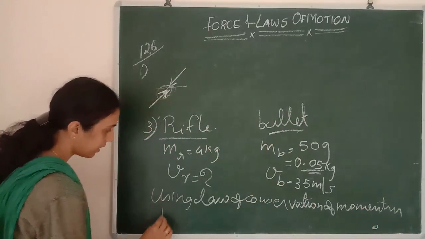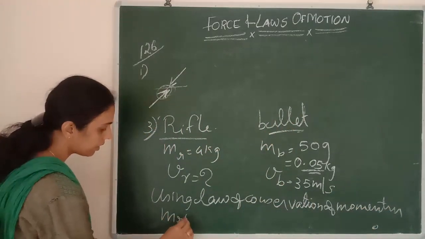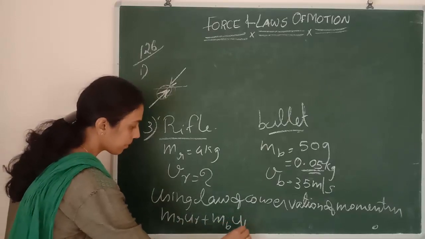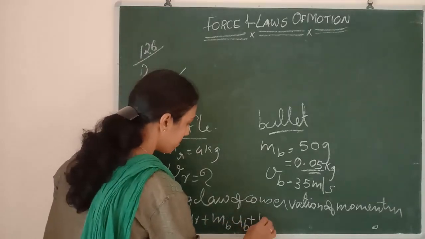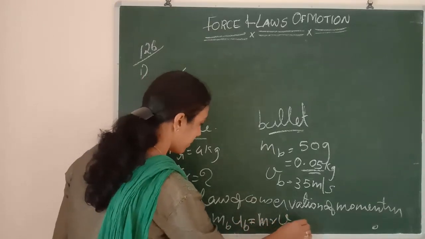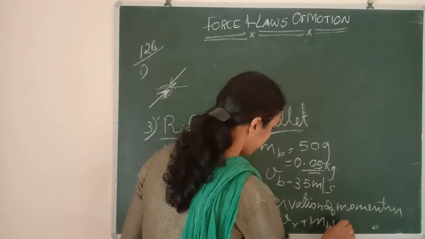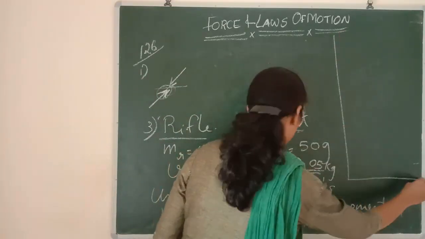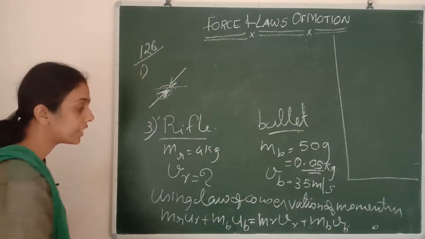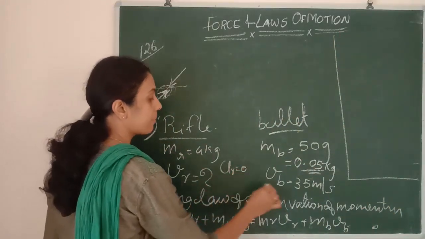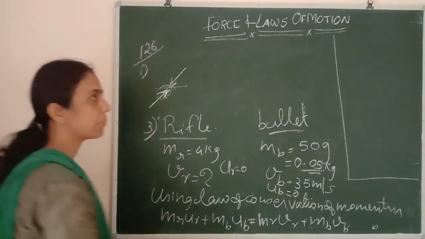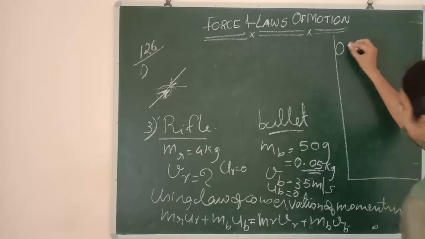(mr + mb) ub = mr vr + mb vb. Now, what is the initial velocity of the rifle and bullet? Initially both were at rest, isn't it? So ub will be equal to 0, and the left hand side fully becomes 0. So 0 = mr vr + mb vb.